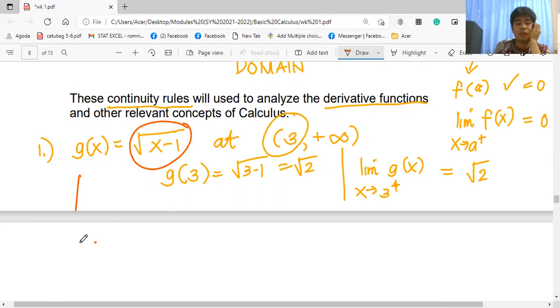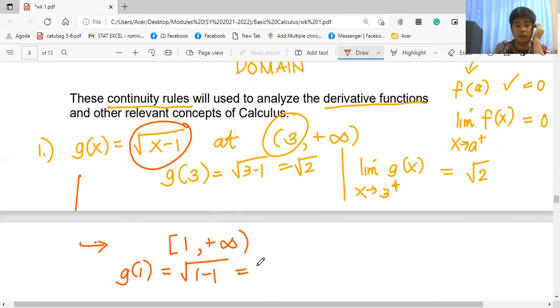At the same time, we can say that it is continuous on the interval of all numbers greater than 3. Actually, it must be all numbers greater than or equal to 1. Why? If we check g of 1, g of 1 is equal to the square root of 1 minus 1, which is 0. If you get the limit of g of x as x approaches 1 from the right, that is also 0.